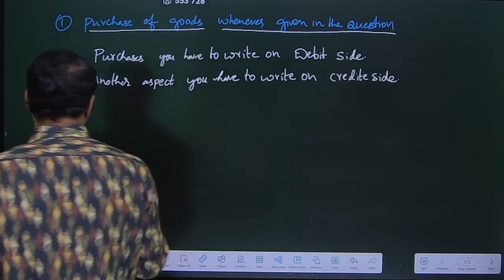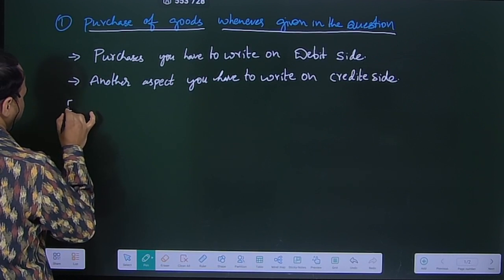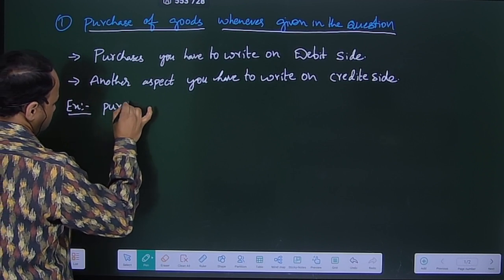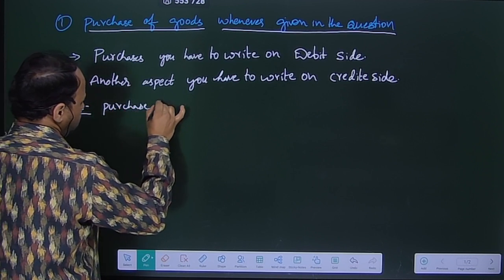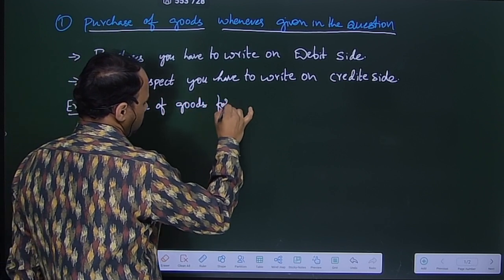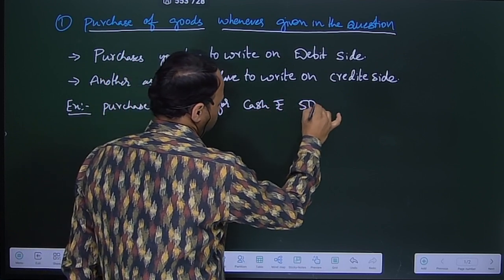Example, I will tell you. See, this is example number 1. Purchase of goods for cash, rupees 500.